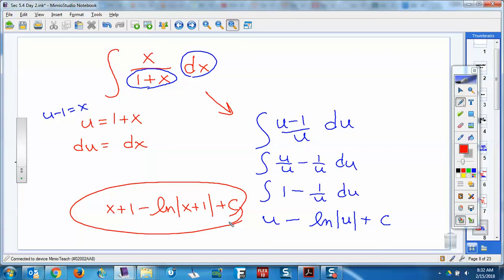Daniel, what are you saying? Mine says x minus ln x plus 1. Does it have the bars around it? Yeah. It doesn't. So the calculator doesn't put a plus c on it for us, right? The calculator doesn't put a plus c, but it's missing what? It's missing the 1. So what did we do wrong?